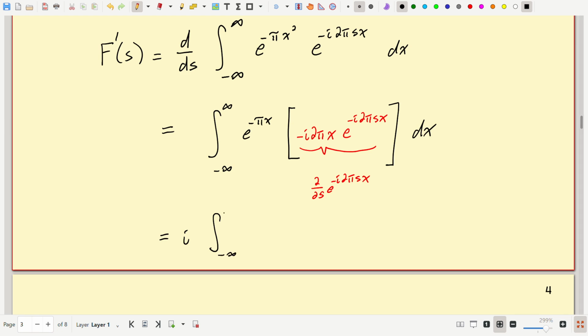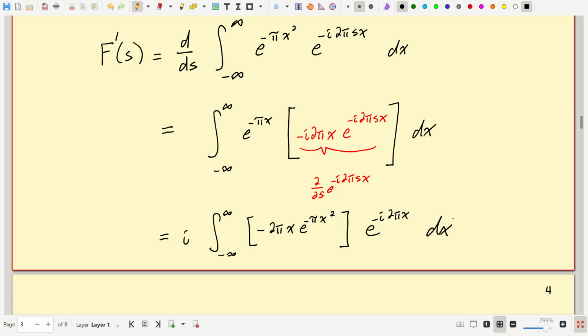So this would be the integral from minus infinity, and I'm going to have here minus 2 pi x e to the minus pi x squared, and here I have e to the minus i 2 pi x dx.